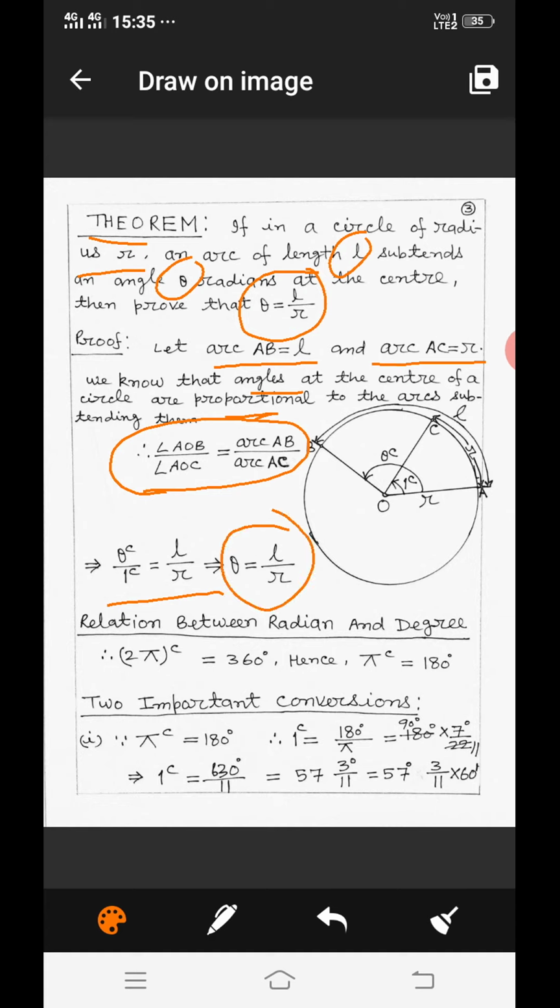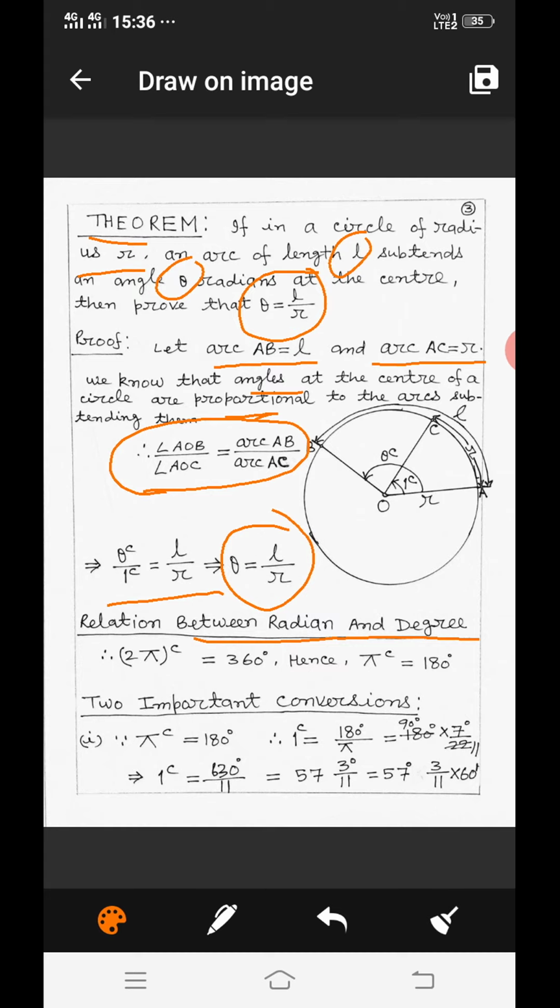Here is a remark: while using the formula theta is equal to L by R, the angle theta must be expressed in radians. L and R must be in the same unit of length. Now we will discuss a relation between radian and degree.